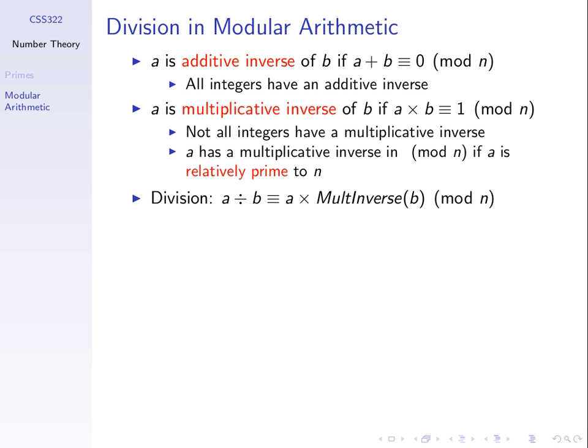Because 5 times 5 is 25. 25 mod 8 is 1, because 3 times 8 is 24. And the answer? 2. Everything's mod 8, remember. Maybe that was a bad example because we still get the multiplicative inverse is the same.